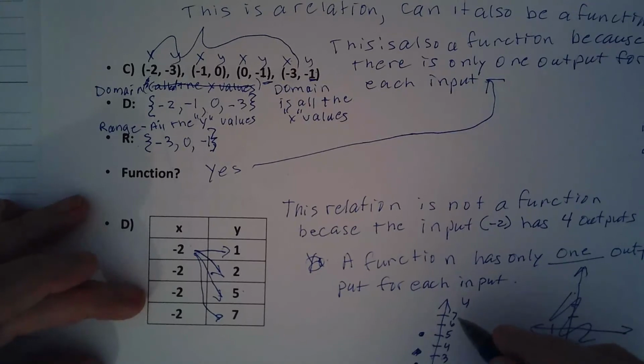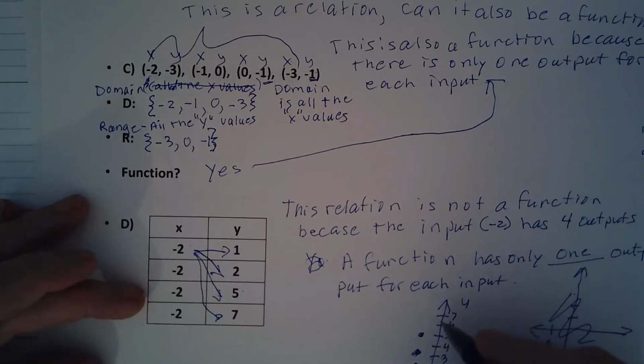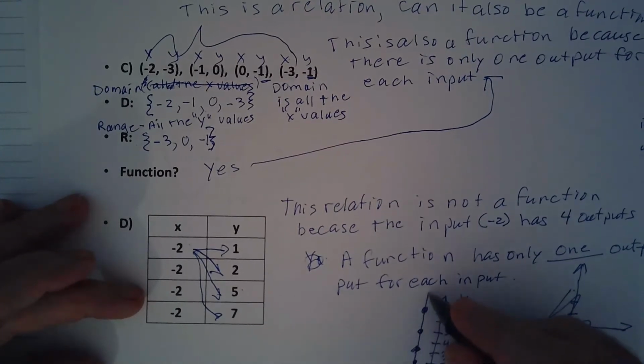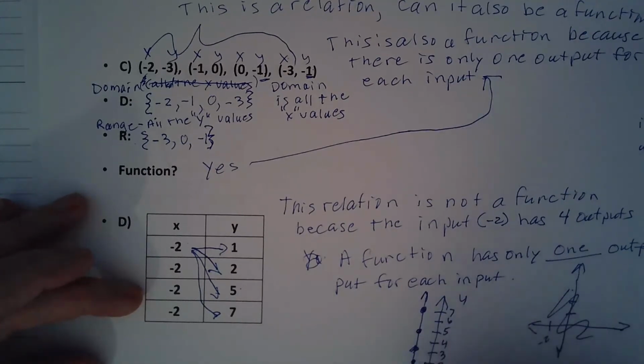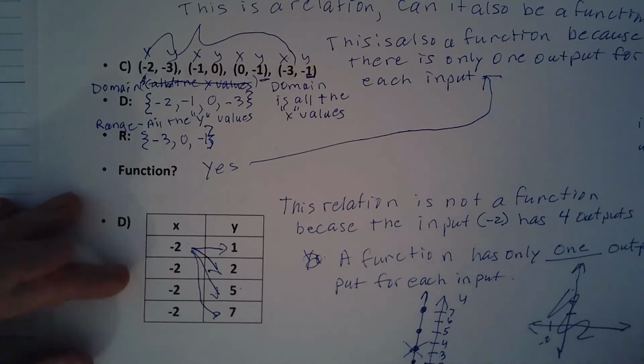X is -2, y is 7. So up here. So if you look at these, you can draw a vertical line through these and you hit the same point 4 times. Remember, this one here is not a point. So again, fails the vertical line test. Right? Okay.